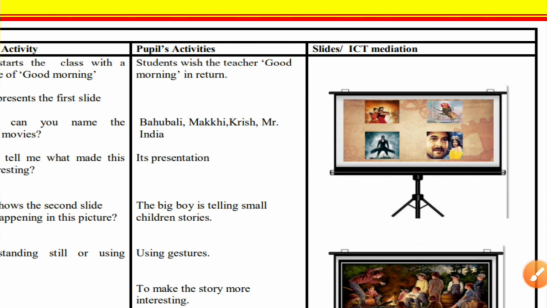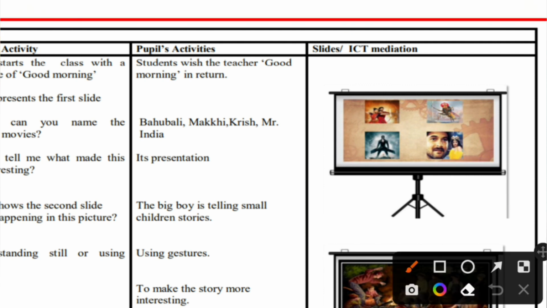As my topic is Sai Paranjape, who had been an Indian movie director and screenwriter, first to introduce the topic, I have asked the students to identify the famous movies by showing the images of those movies which are presented on a slide.